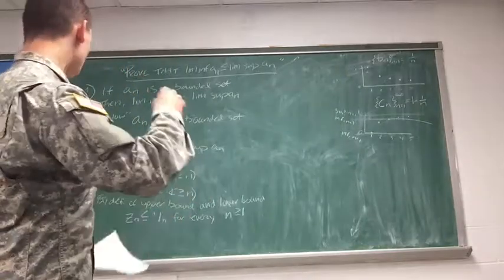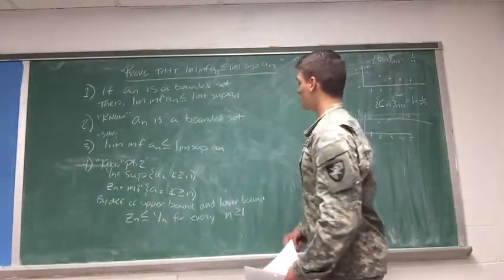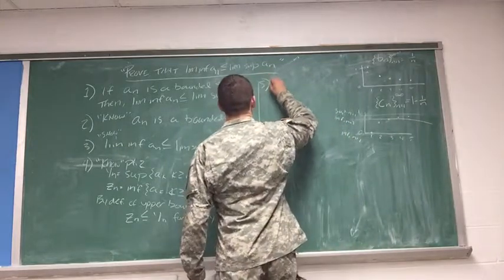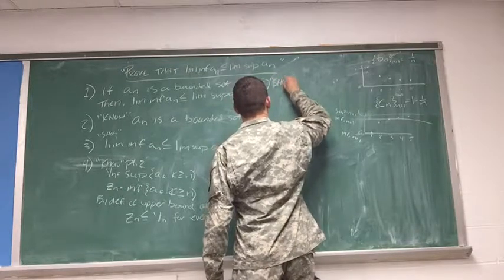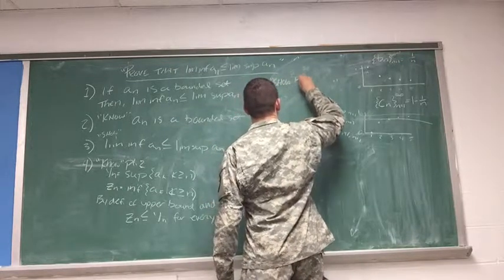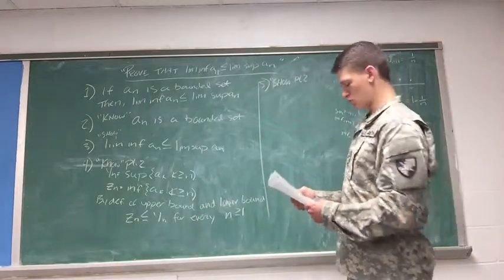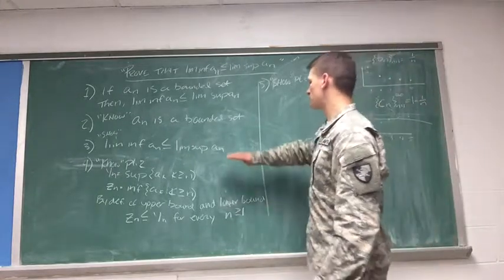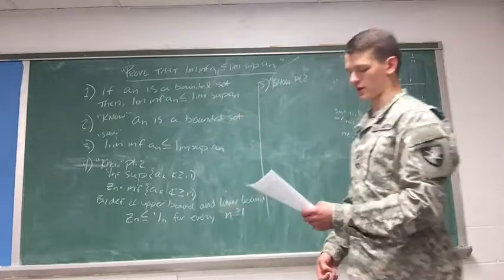So now I'm going to go to step 5, where, you guessed it, we're going to do the show, but we're going to expand it out a little bit. So, show, part 2. Here, I've written out that I want to show that the limit of the inf of a sub n is less than or equal to the limit of the sup of a sub n.